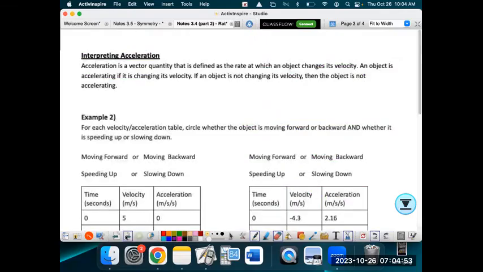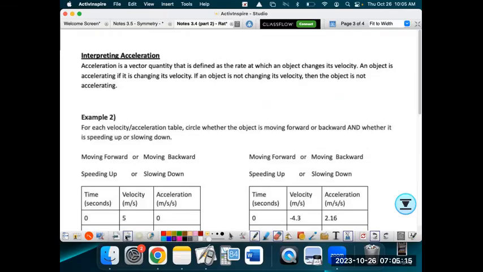Moving on to the next goal that we have for the set of notes, talking about the relationship between velocity and acceleration. I'm going to read the little paragraph and then we're going to get into an example. So acceleration is a vector quantity that is defined as the rate at which an object changes its velocity. So it's the change in velocity over time.